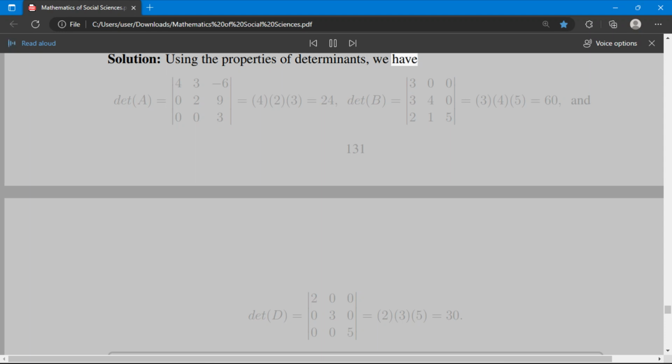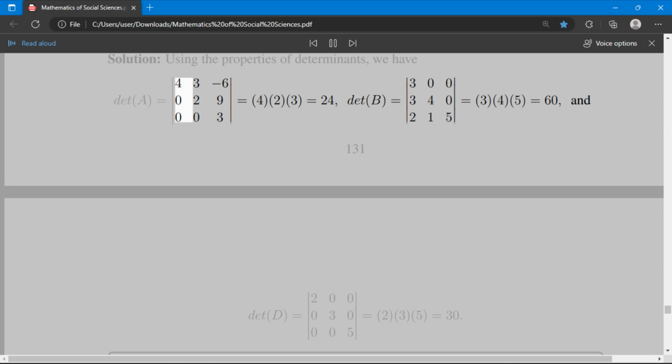Solution: using the properties of determinants, we have det A equals 4 times 2 times 3 equals 24.